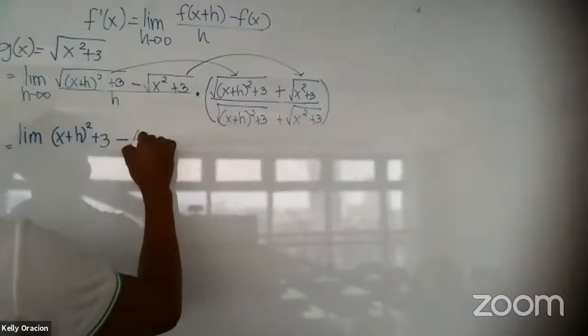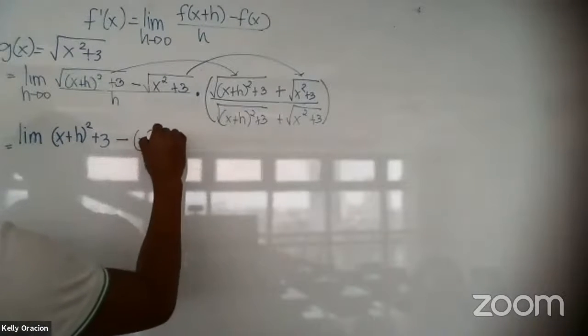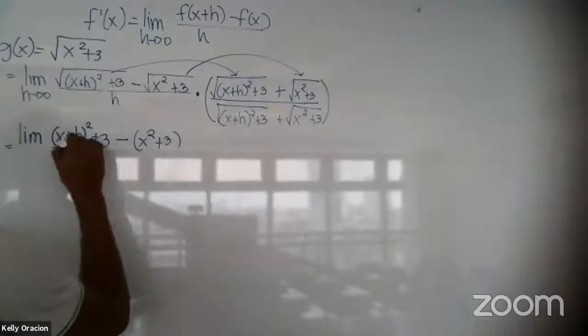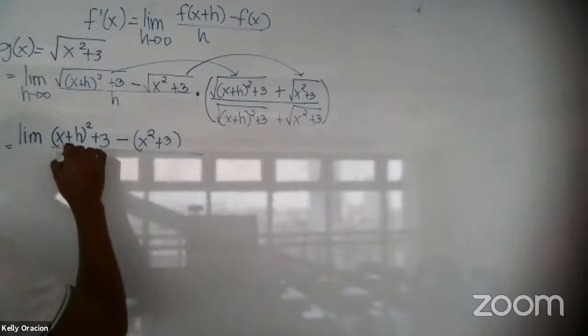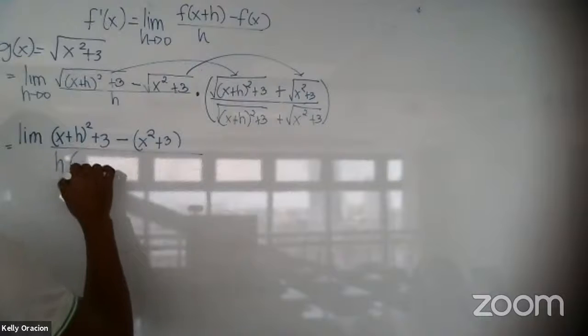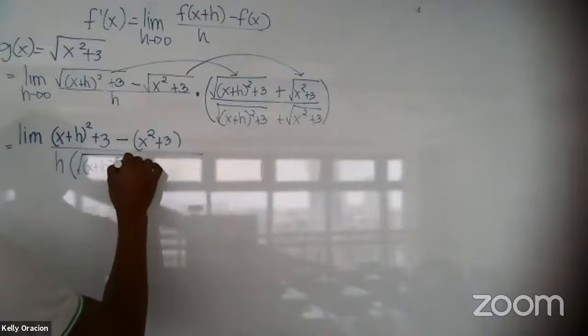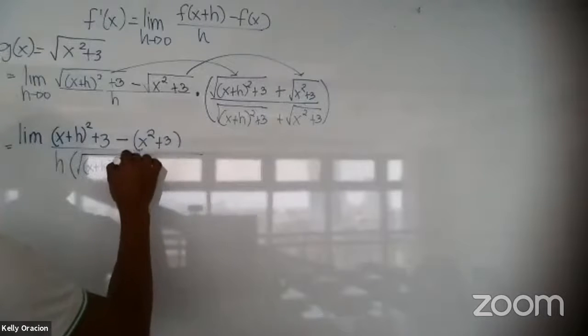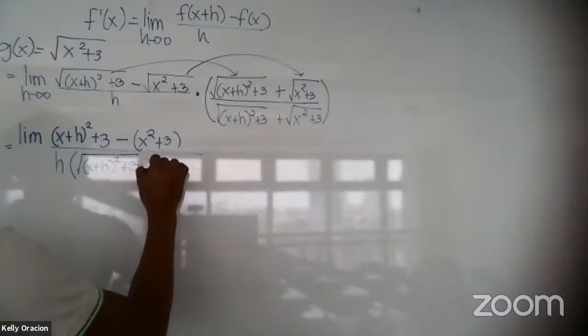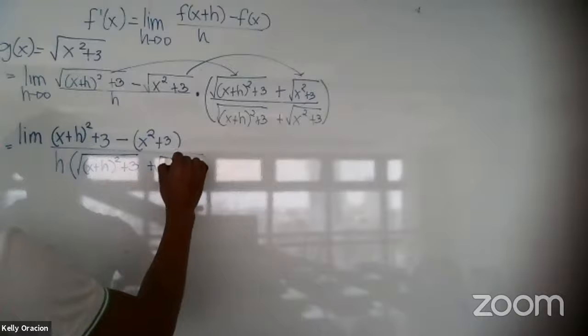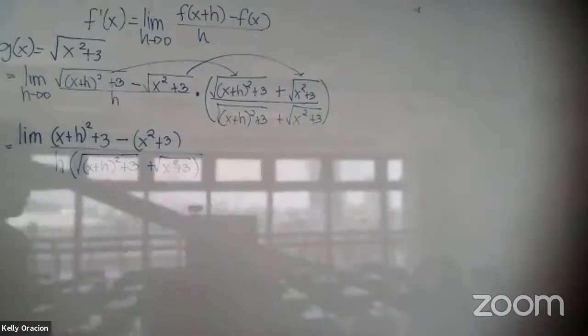So you have parentheses x squared plus 3 over h times square root of x plus h squared plus 3 plus square root of x squared plus 3. Yan. Ito.